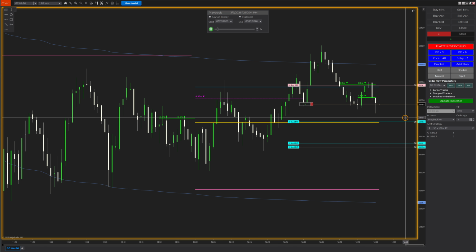I do not like the look of that wick. We'll let this play out. This is a slightly uncomfortable trade.